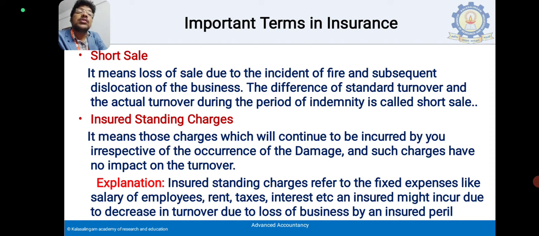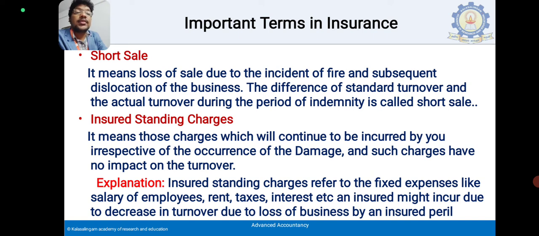The next important term generally used in insurance is insured standing charges. It means those charges which will continue to be incurred by you irrespective of the occurrence of the damage, and such charges have no impact on turnover.